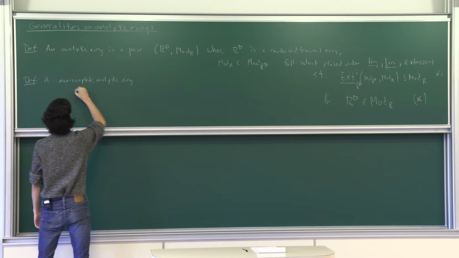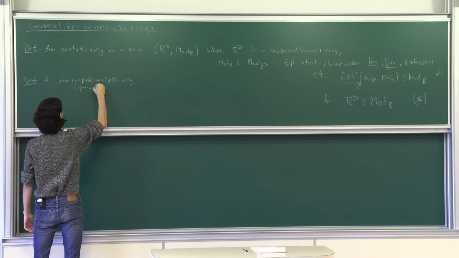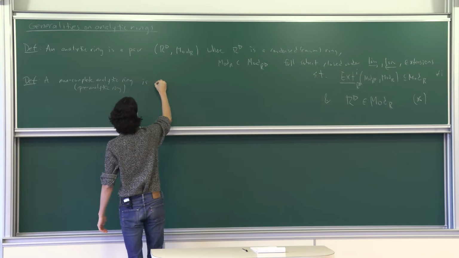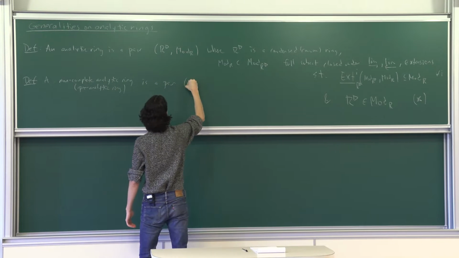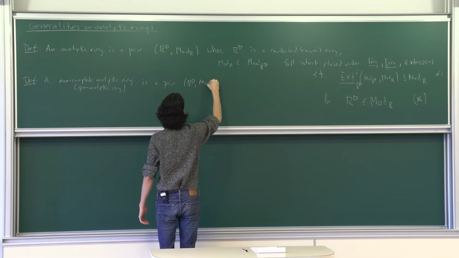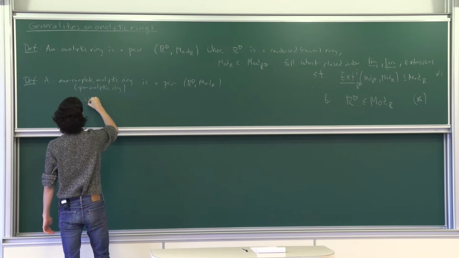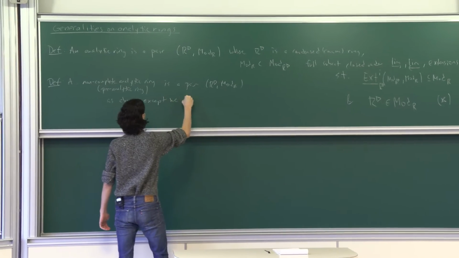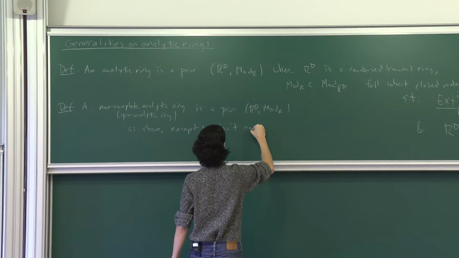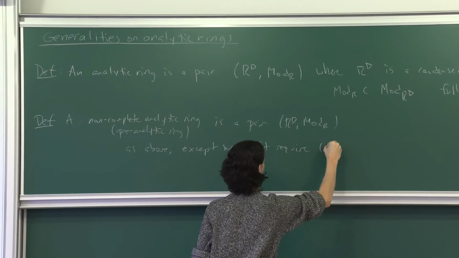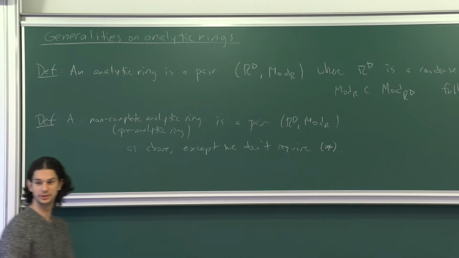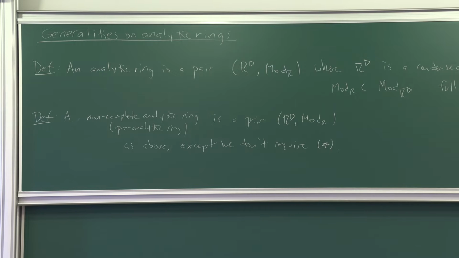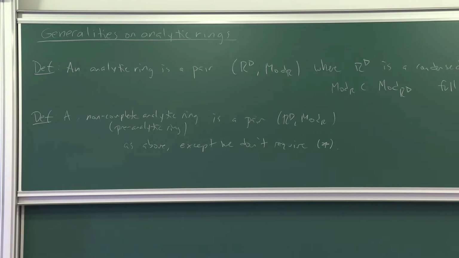It's something more general than an analytic ring, so maybe a pre-analytic ring, is a pair as above, except we don't require star. So it's the concept you get by taking the definition of analytic ring and removing this last condition that the unit object should be complete.